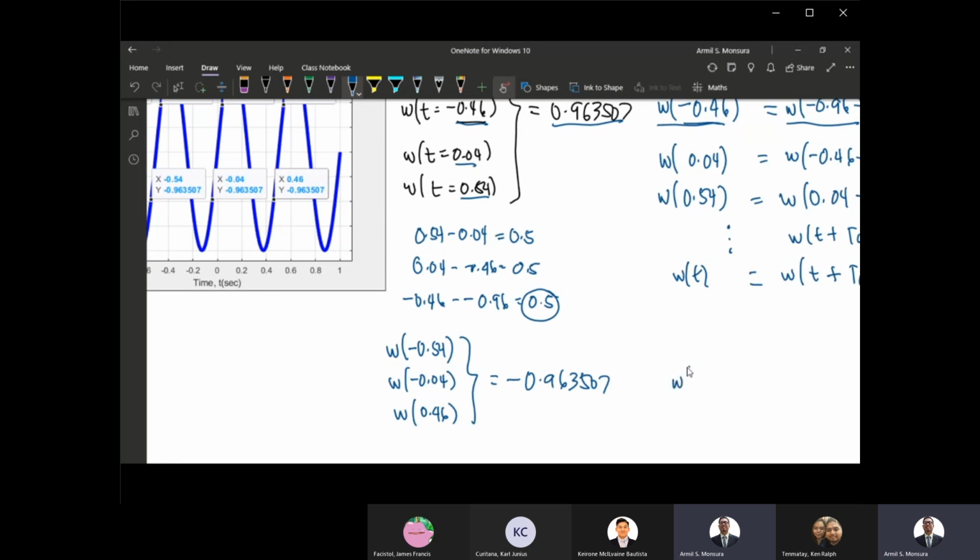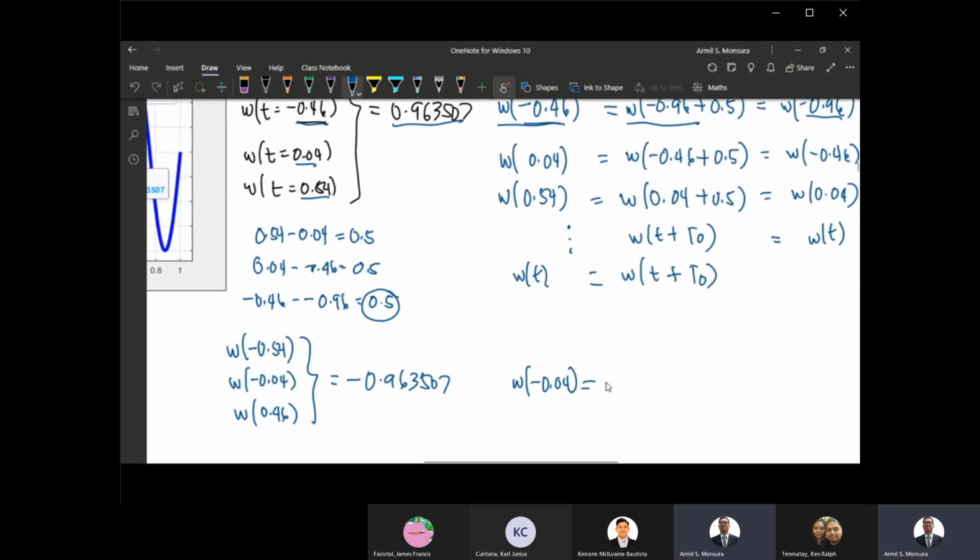yung value nung waveform niyo at negative 0.04 can be obtained from the expression W of negative 0.54 plus 0.5, which lalabas nga dyan is yung W of negative 0.04 ninyo.